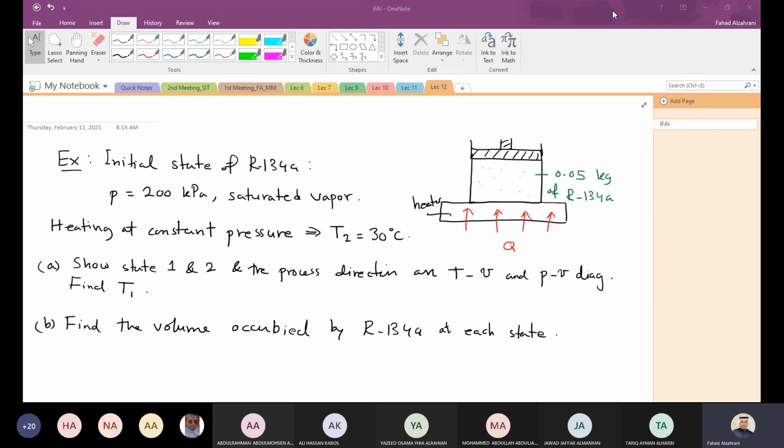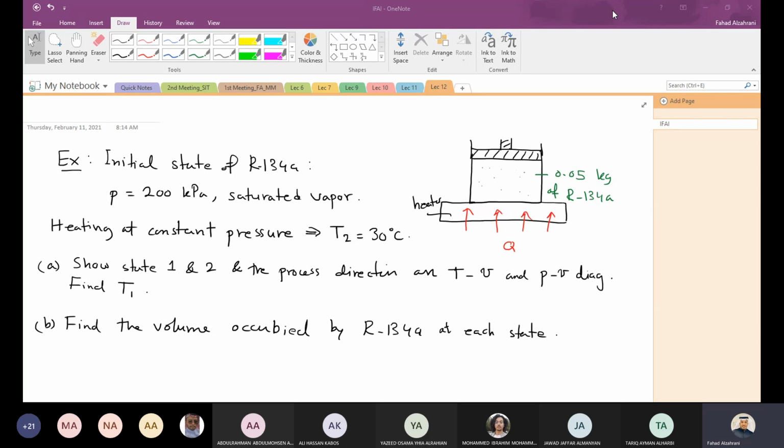What is T1? I found it, it is 16. Are you sure? I don't know. How did I get minus 10.09 Celsius?